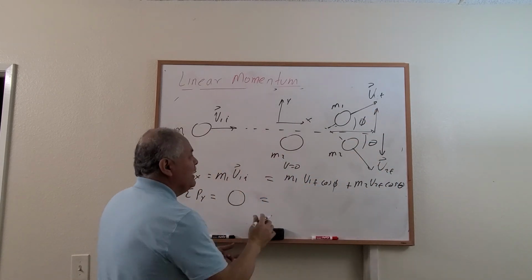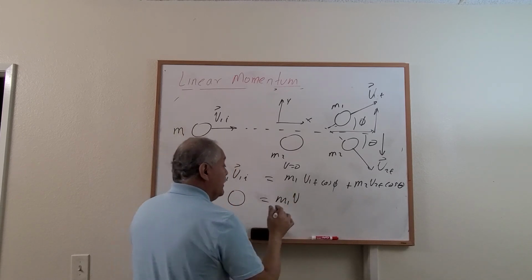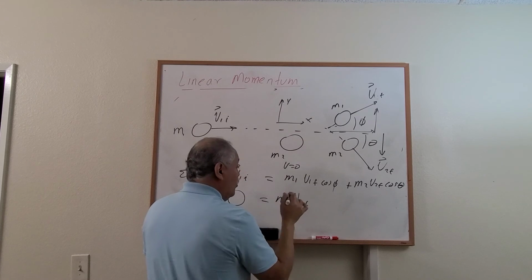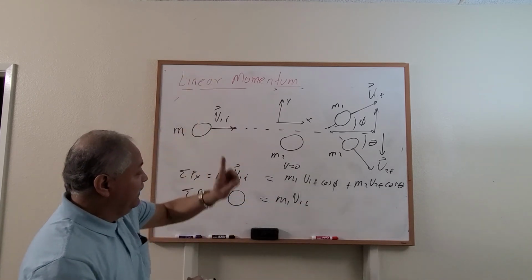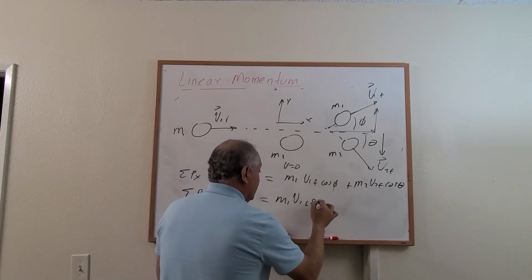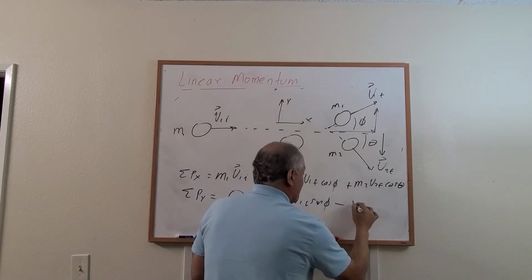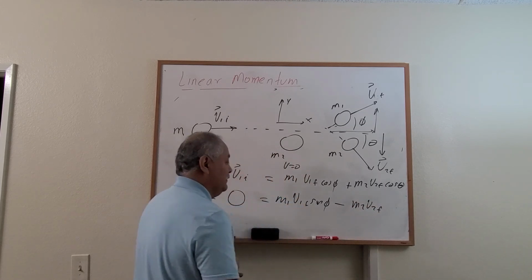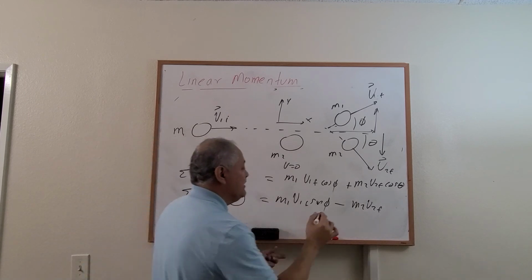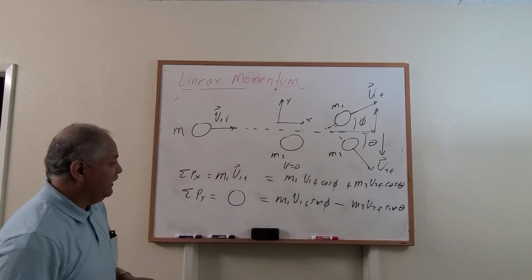So it's going to be m1 times the final velocity of particle 1, let's take this to be positive, sine theta, minus, because it goes down, m2 v2 final times sine phi.